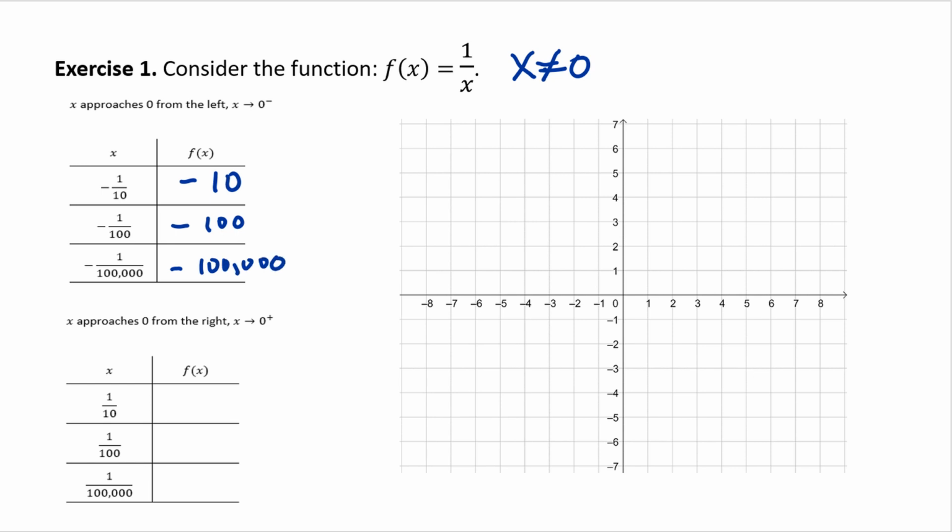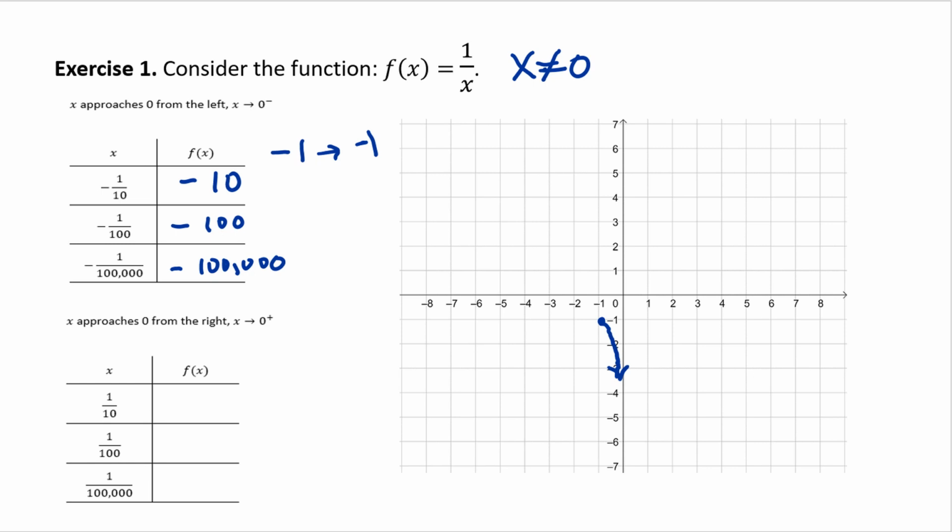Before I plot any points, I'd like to observe that at x equals negative 1, the function value is just negative 1. So if I were plotting points, I might start with negative 1, and just observe that as you get closer towards 0, the function appears to get real big in the negative direction.